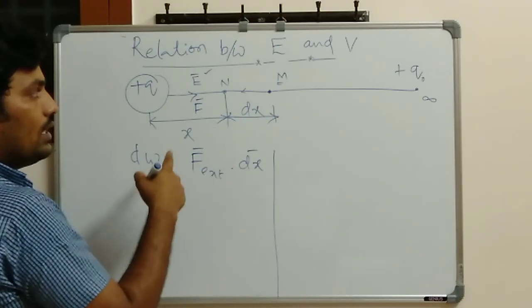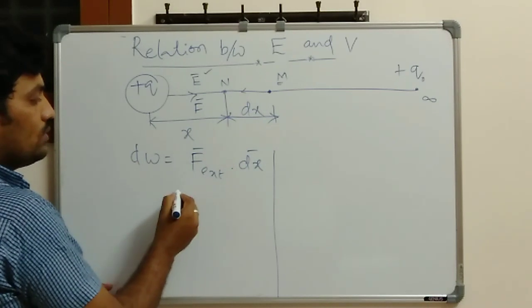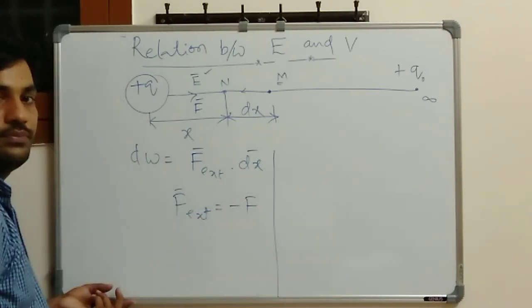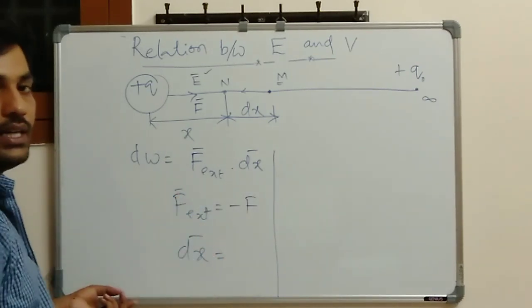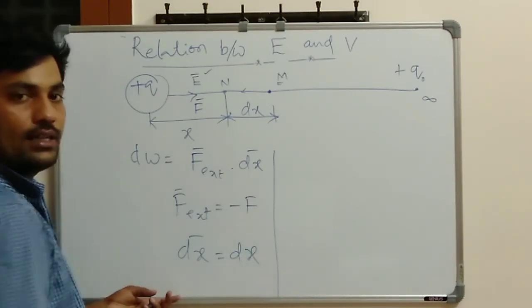So the F external here is opposite to it. I can write F external as negative F. For dx bar, I take its magnitude, dx.